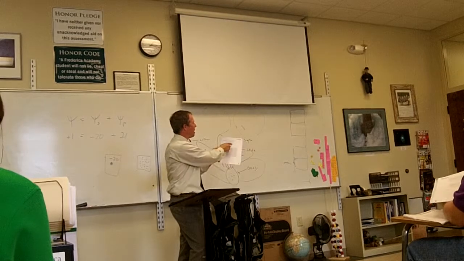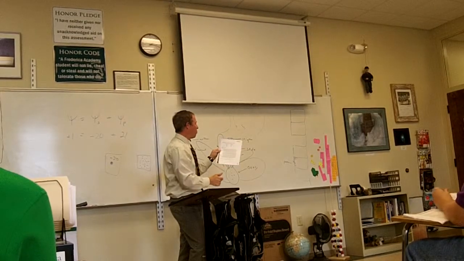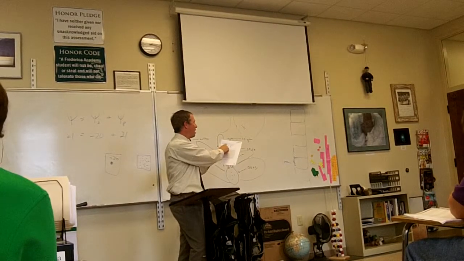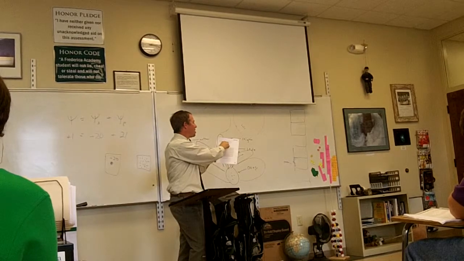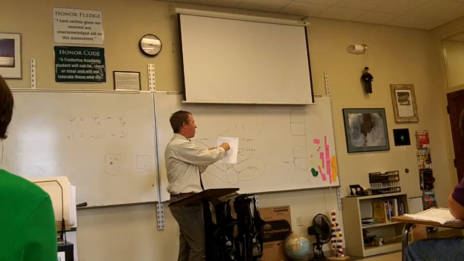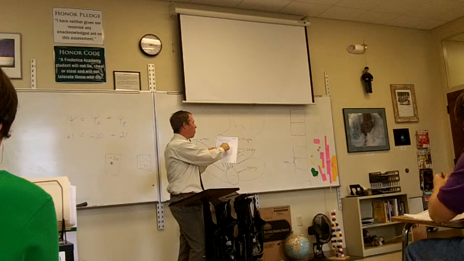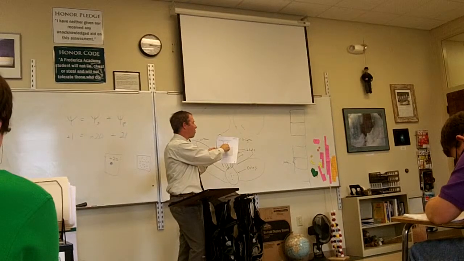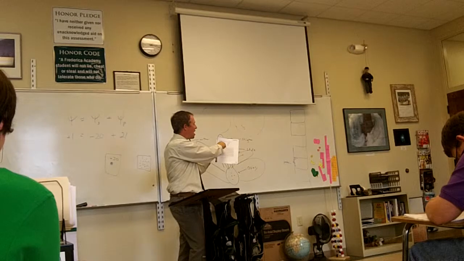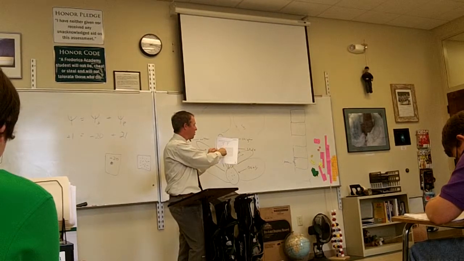Okay, so this graph right here, what they've done is they've taken zucchini and they've put it in various sucrose solutions. They put it in distilled water, 0.2 molar, 0.4 molar, 0.6 molar, and here's the change in the mass of the zucchini cores.